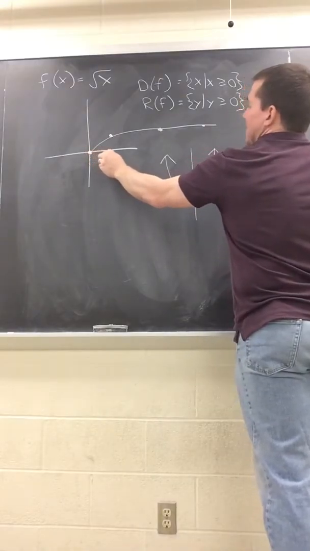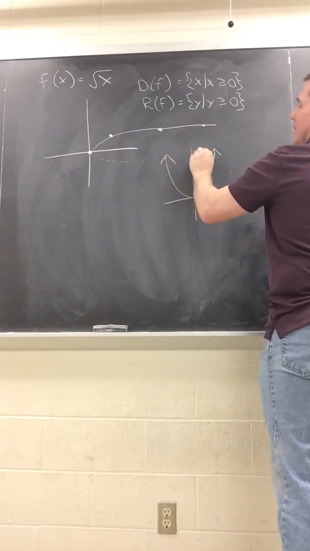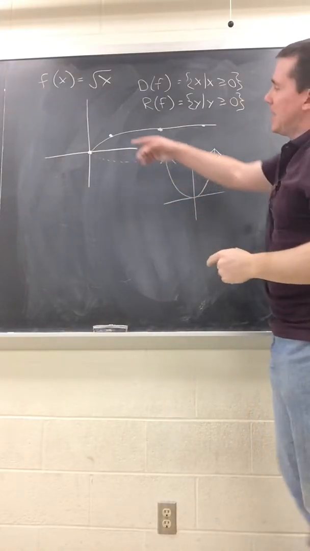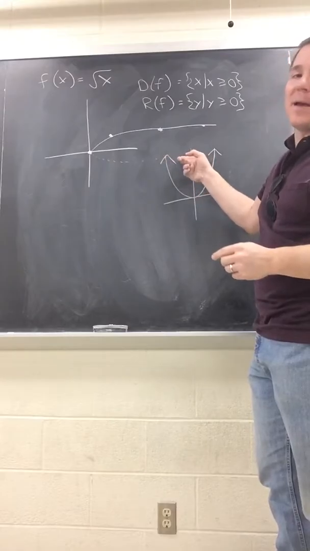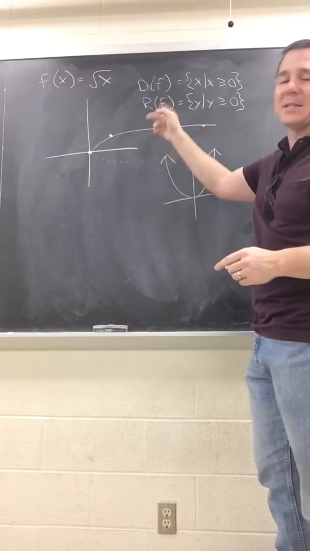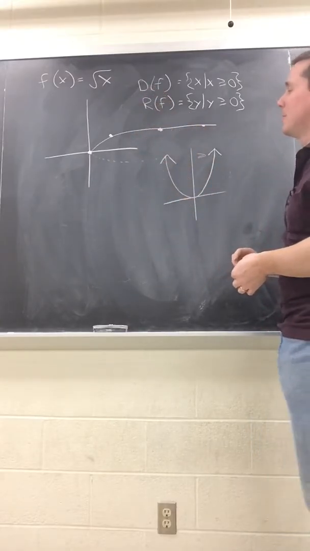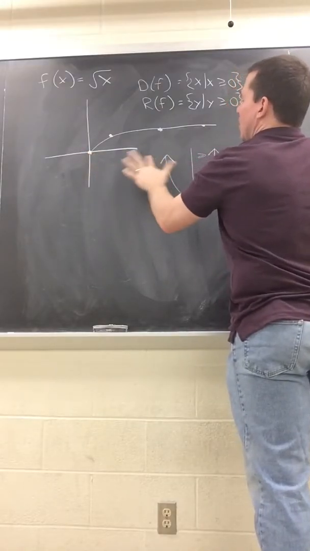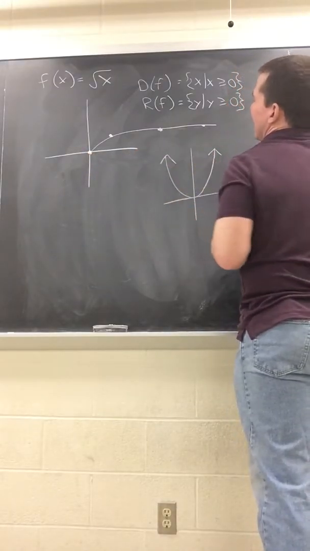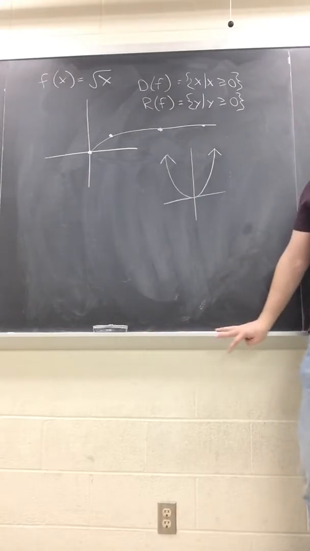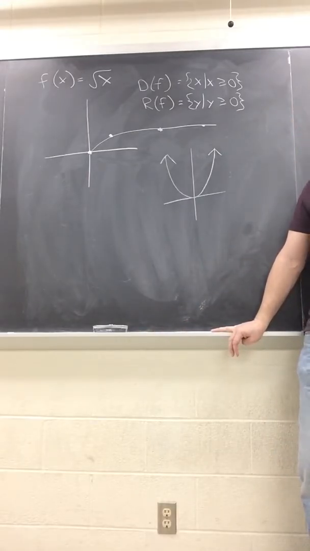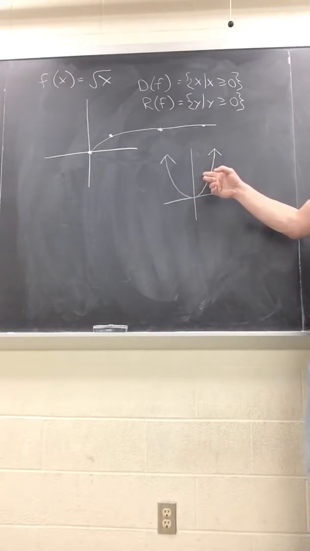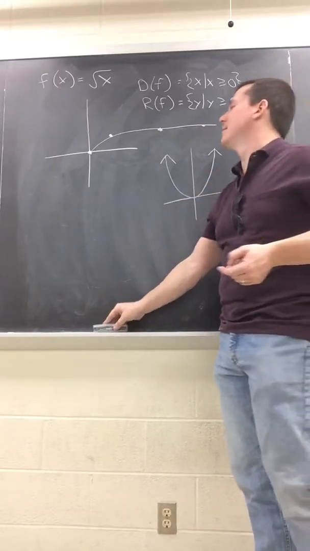Yes, the bottom half is missing. But that's because, if I didn't remove the bottom half, this wouldn't pass the vertical line test and it wouldn't be a function anymore. So we get rid of the bottom half. This is what's called the principal square root or the positive square root. But essentially it's this graph turned on its side.